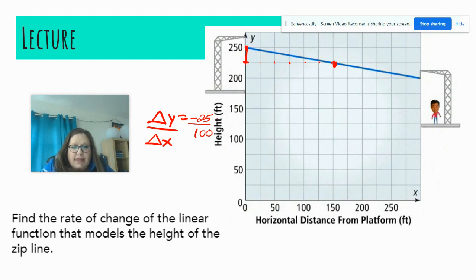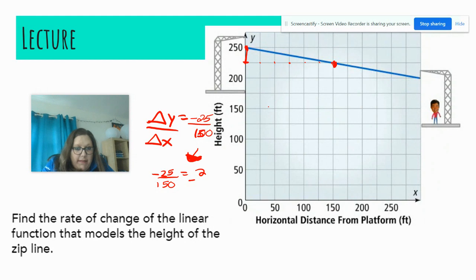If you guys can see that, so we're going down 25, and then 150, not 100, and then over to 150. If I wanted to simplify this, these both are divisible by 25. Negative 25, and then it's a negative slope because as we can see it's going down. And think about a zip line, you're going down.